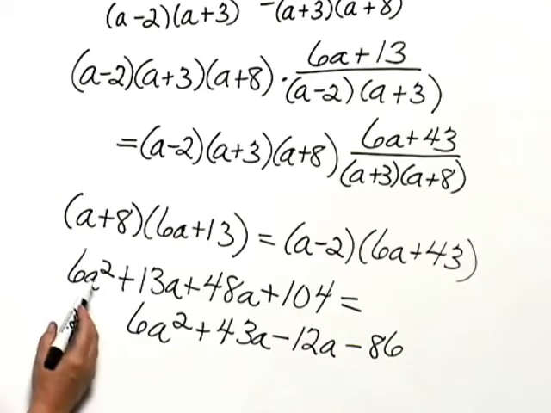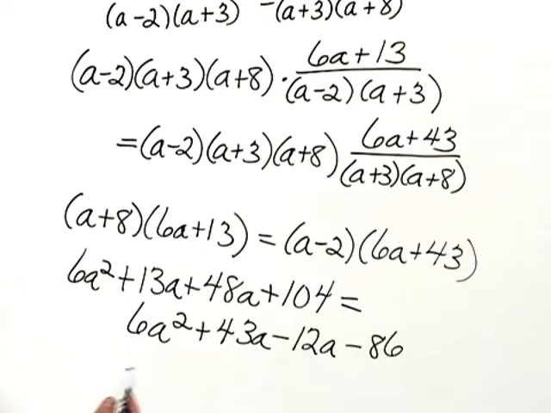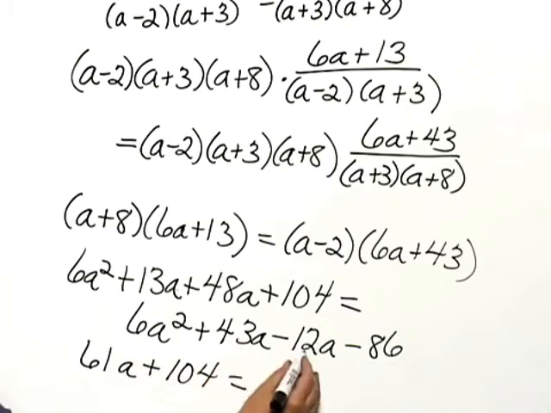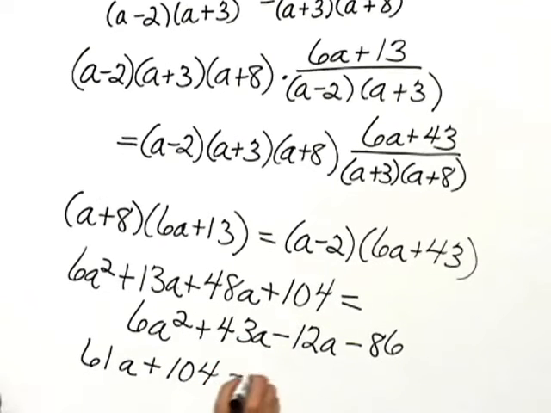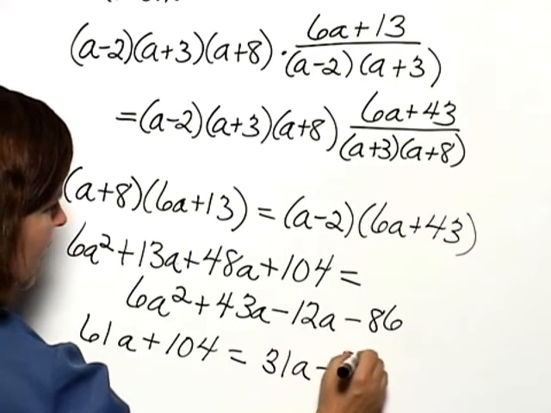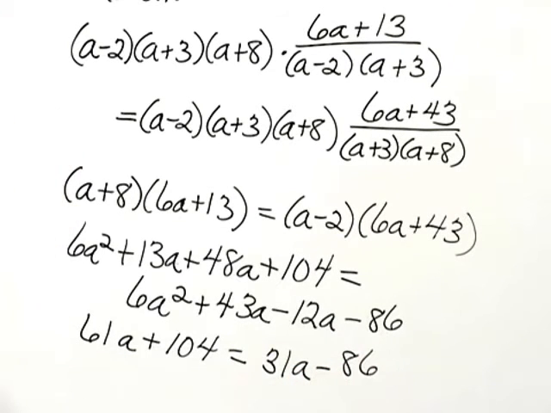Now first of all, I have a 6a squared on both sides, so I'll subtract 6a squared from both sides, giving me 0 there. Then I'll add 13a plus 48a, which gives me 61a plus 104 equals 43a minus 12a is 31a minus 86.